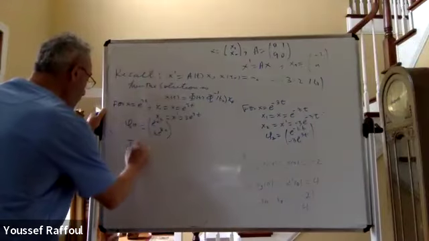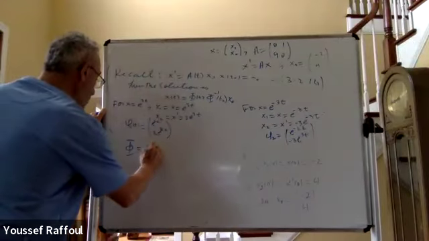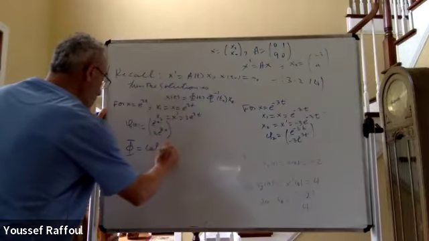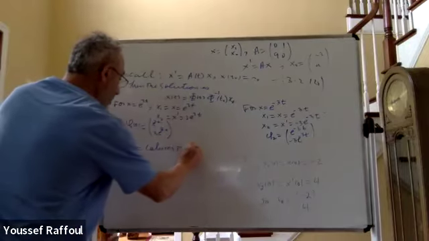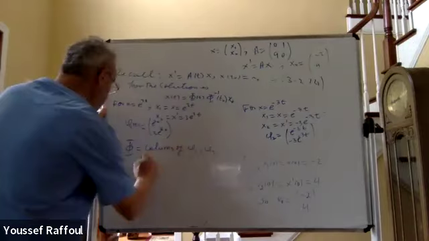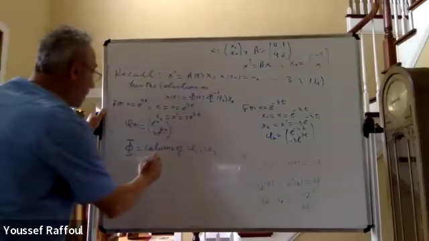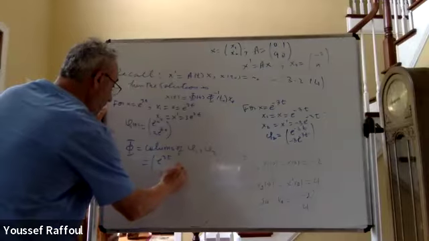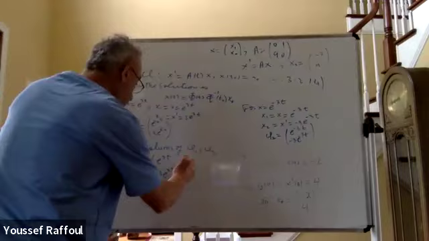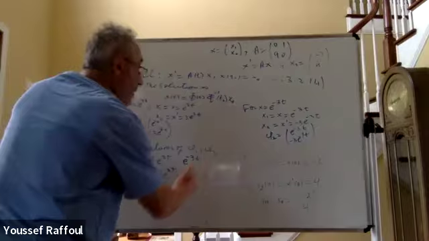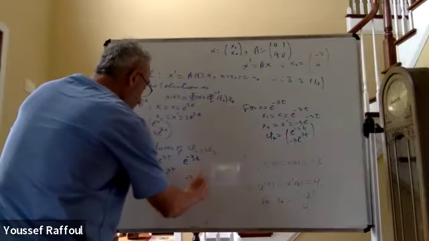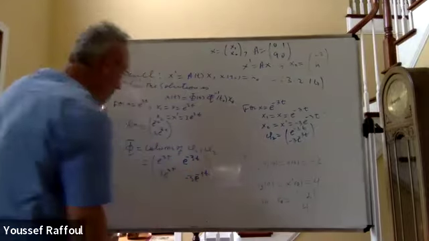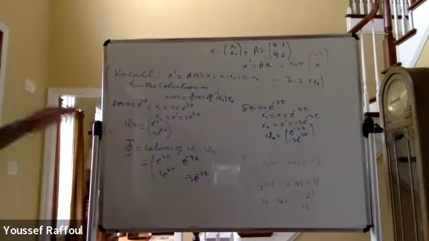So now phi is the columns phi 1, phi 2. That is e to the 3t, 3 e to the 3t, and e to the minus 3t, minus 3 e to the minus 3t. There we go. Now that is the fundamental solution.